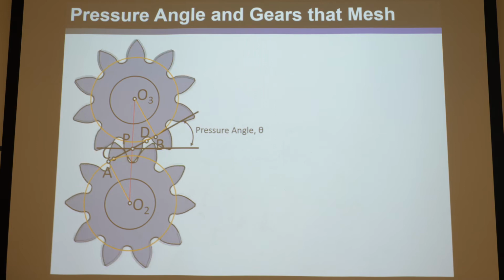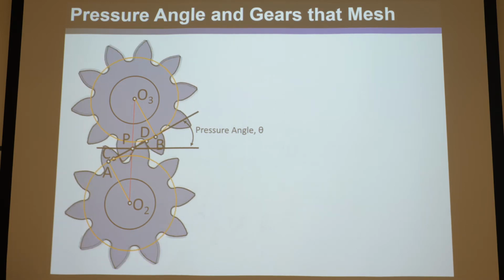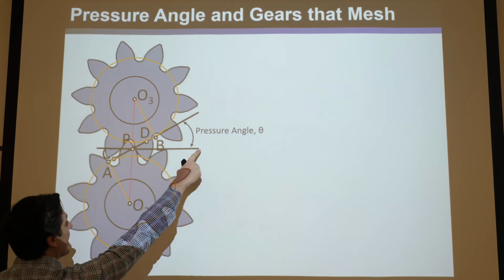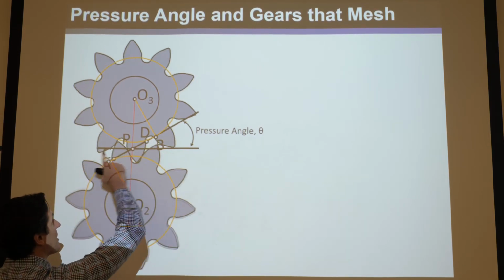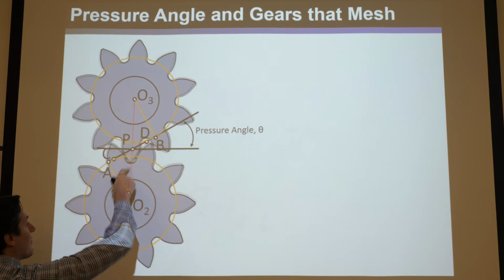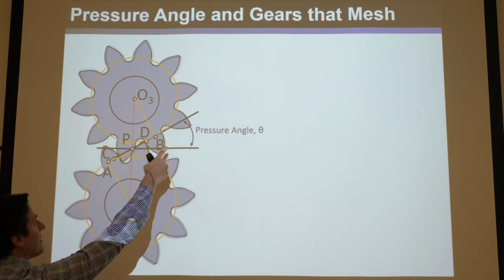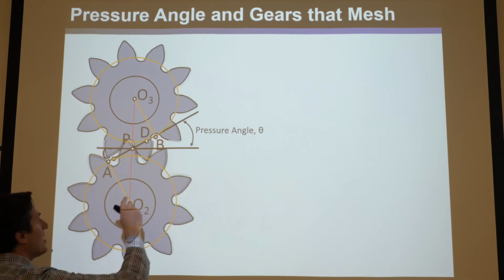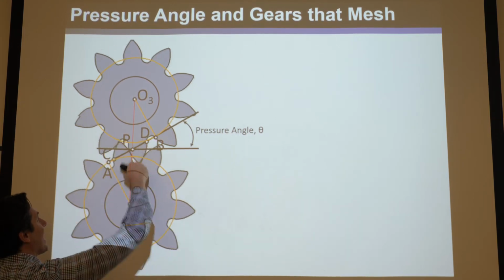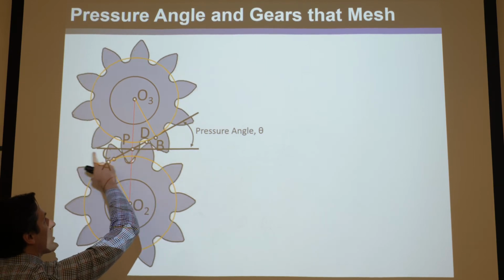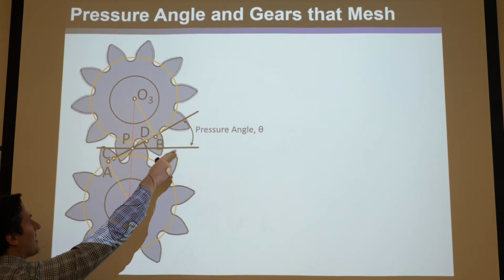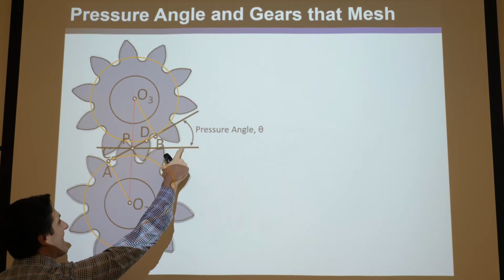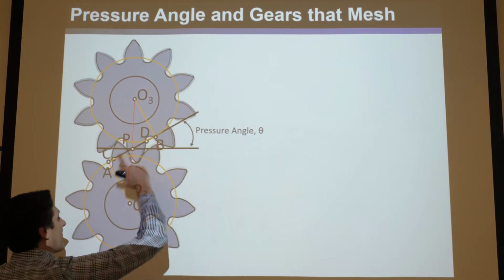Okay, so the pressure angle of a gear set is the angle between the tangent line here of the gears, okay, the line perpendicular to the line of action, okay, and the line, this line is perpendicular to the line of centers, so the horizontal tangential line to the gears, perpendicular to the line of centers, and the pressure angle is between that line and the line of action.